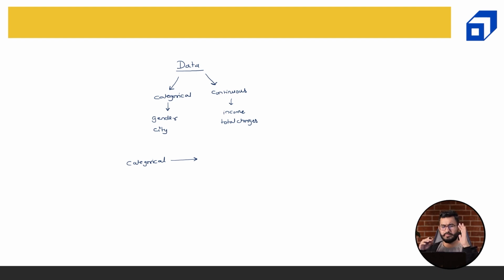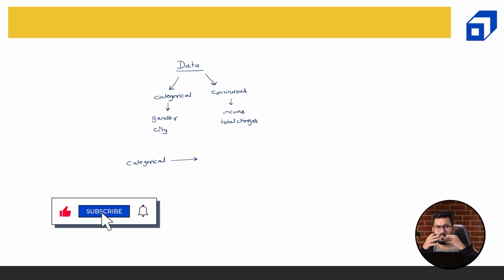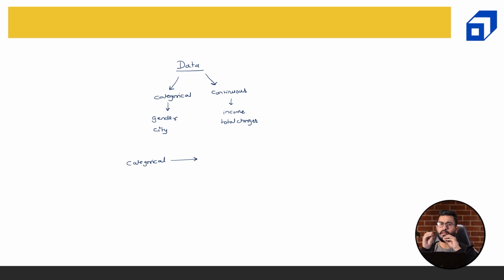I haven't used so many different kinds of plot. The plots that I'm going to discuss today are not many, 4 to 5 kinds of plots. These 4 to 5 plots will help you answer any kind of question you will get in your entire data science journey.